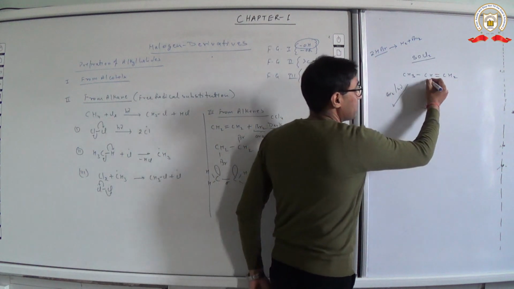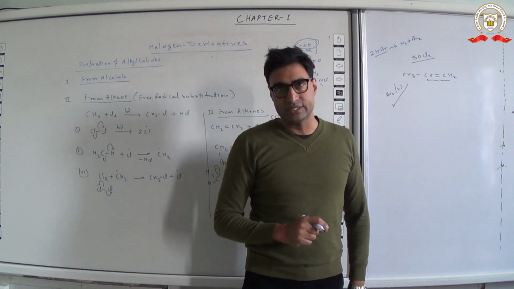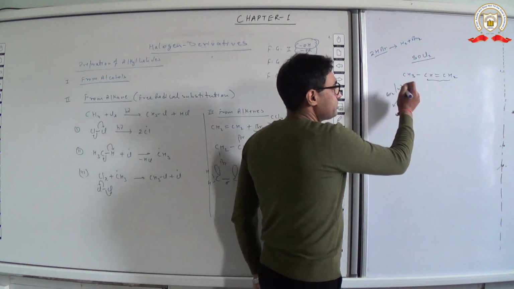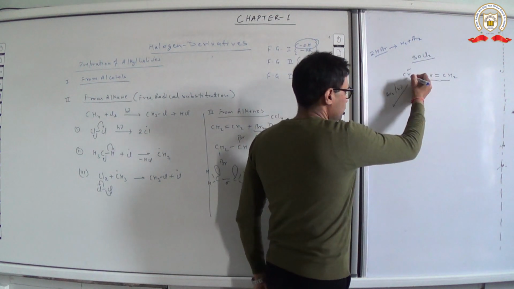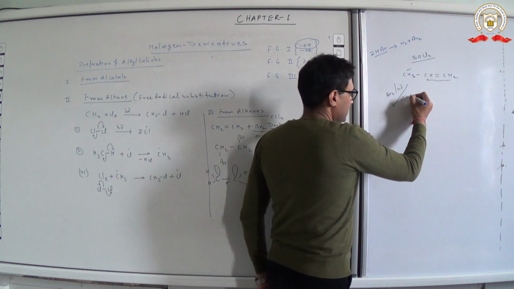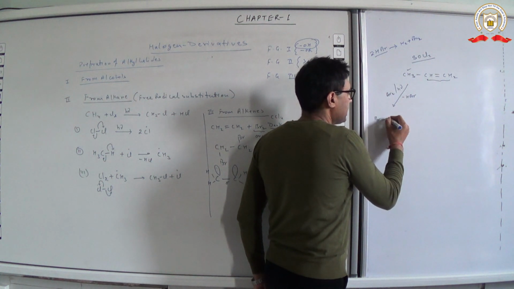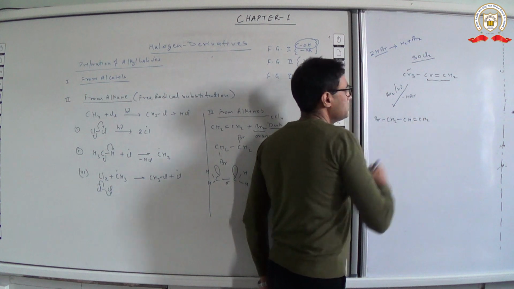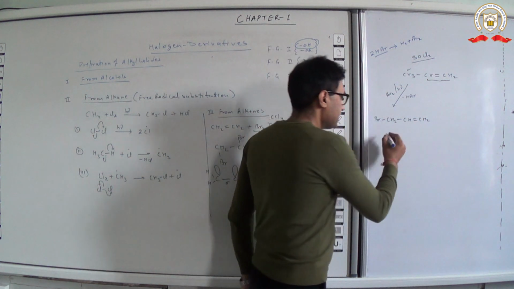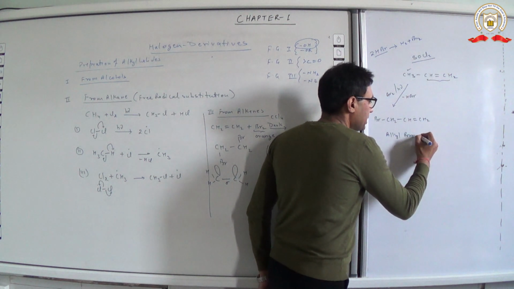But substitution cannot occur on the double bond. Double bond always undergoes addition reaction. If I am saying substitution, that means this methyl is going to react. So one of the H will combine with Br and come out as HBr. Another Br will combine with this, and you will get Br CH2 CH double bond CH2, allyl bromide.